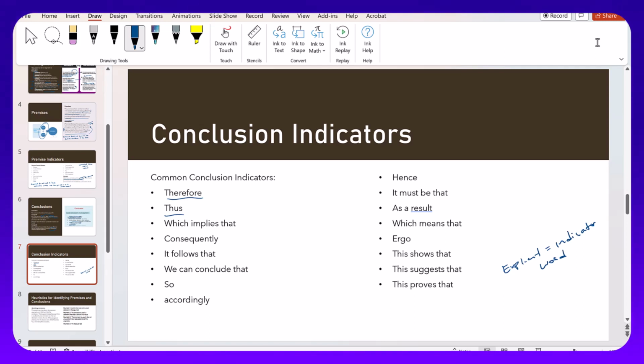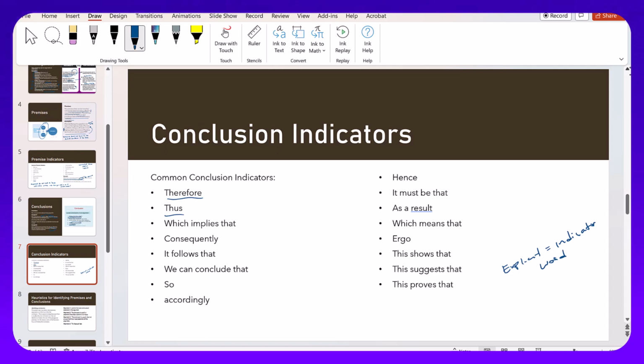But the key is to add them yourself. Work through the sentences and add those indicator words yourself and see where it makes sense. Where does it actually work to make that argument with those indicator words, and where does it not? When you're deciding whether there's a claim, or whether there's evidence that supports or implies something, looking for those indicator words and the presence of the inferential relationship between the statements helps you determine that argument.